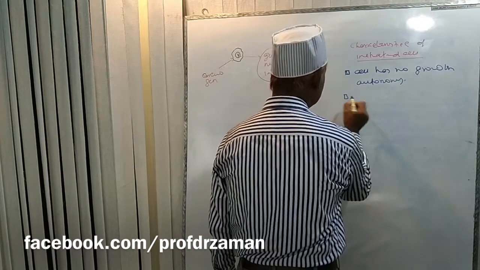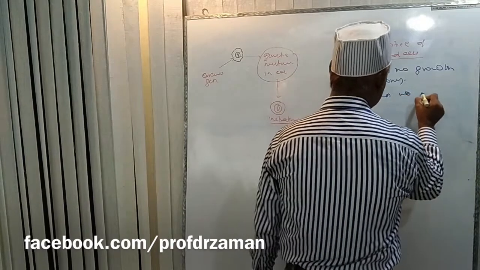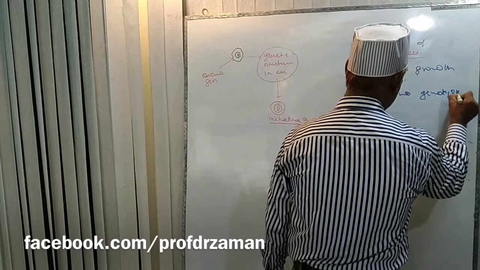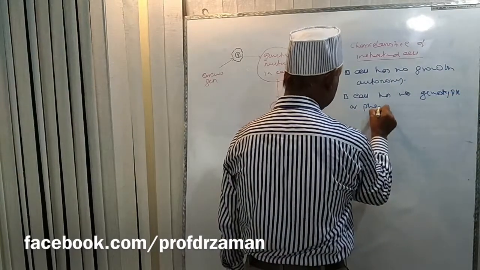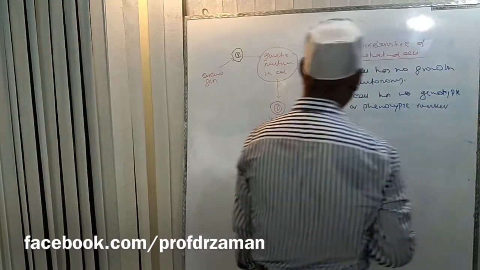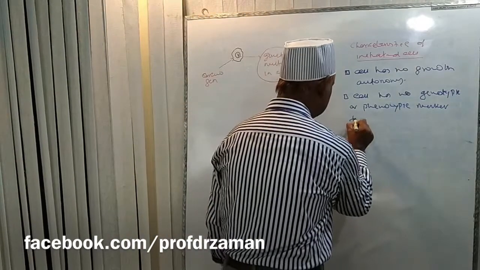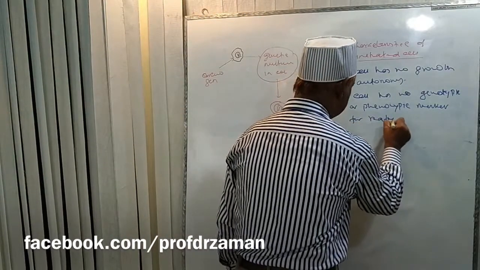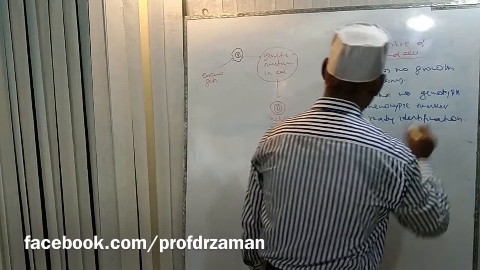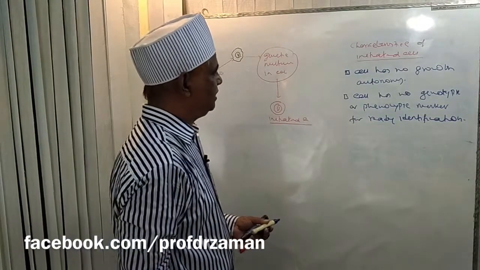Number 2, the cell has no genotypic or phenotypic marker for ready identification.